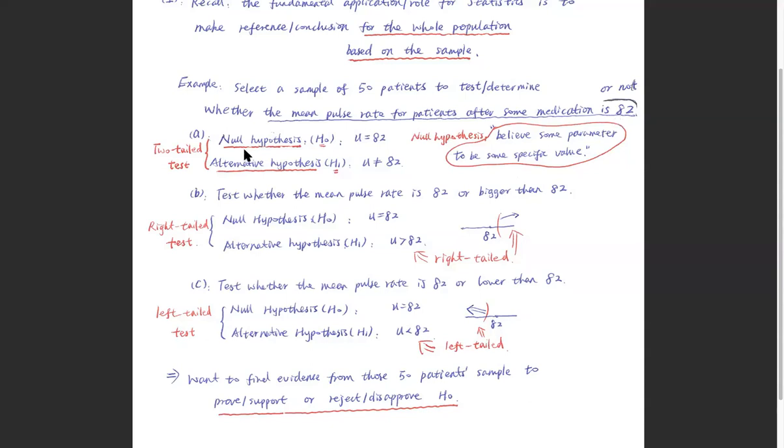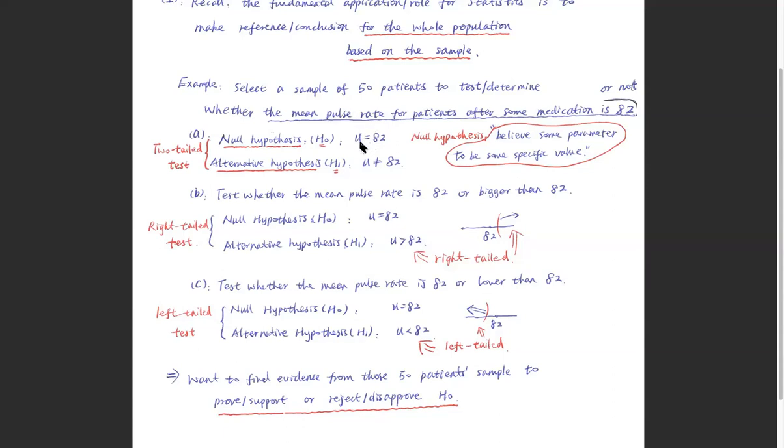So everybody, we always start with the null hypothesis. We are using the notation, capital H for hypothesis. 0 means the null, right? Null hypothesis, everybody. How do we understand that? We understand that null hypothesis always equal. So in this case here, we are trying to determine the average rate.